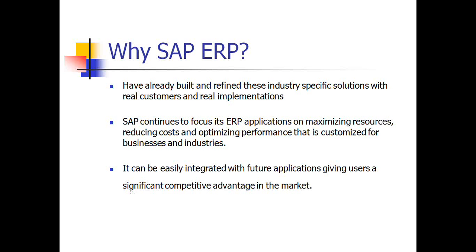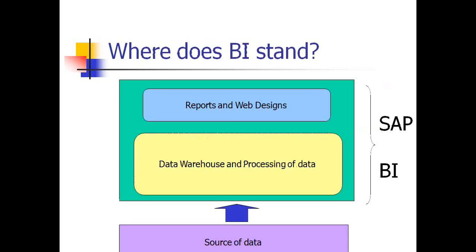It can give a significant competitive advantage in the market. So as a product, obviously they'll get value using SAP. Your output is fast, it is quite meaningful. Then where does BI stand? We have a source data, which can be anything. It can be a flat file, it can be a DB, or an R3 system, that is the source system.